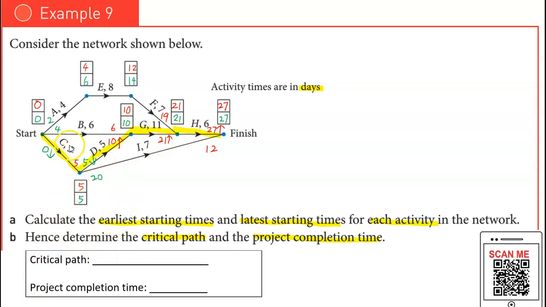So you start with C, D. After D, then you go to G. And after G, you go to H. What is the project completion time? It's what you find from here, 27. What is the unit involved? It's 27 days.